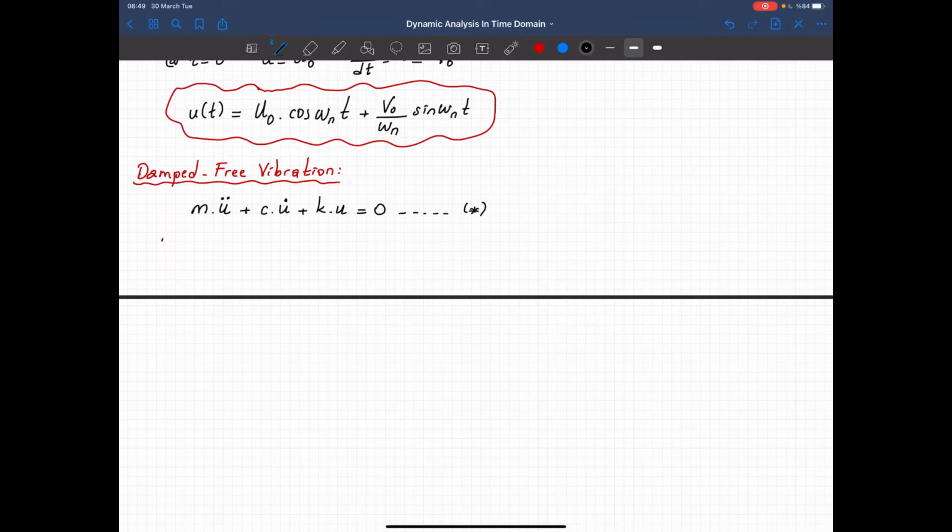Again, my starting point is the same. I'm saying that let u is equal to e to the power st, and that will be my equation 1.